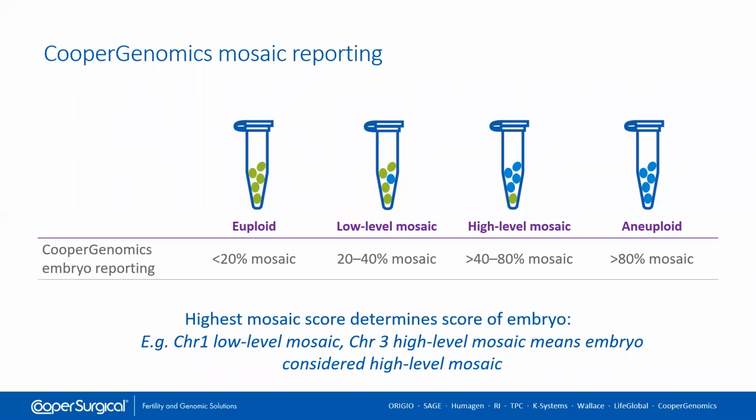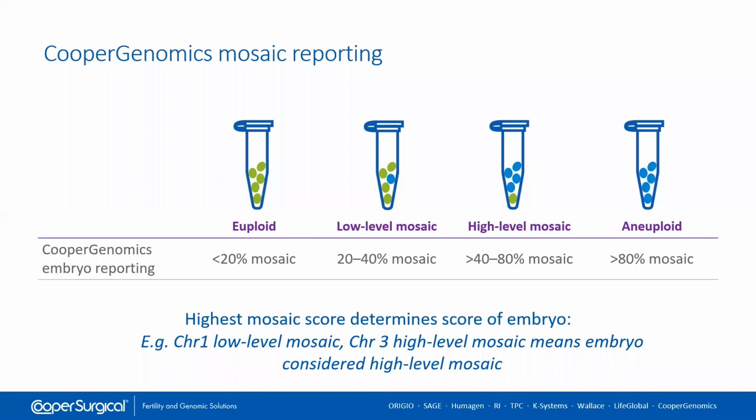So just to recap our reporting. From the evidence that we had seen and increasing evidence, we report, and this matches the PGDIS guidelines, in 4 buckets. Less than 20% mosaic are euploid, low level mosaic 20 to 40%, high level mosaic 40 to 80%, and aneuploid 80% or above.